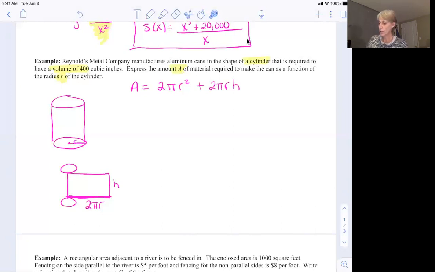So far, this is the top and the bottom of the can, and 2 pi r h is the outside of the can. My problem here is I have an h and I have to have it all in terms of r.